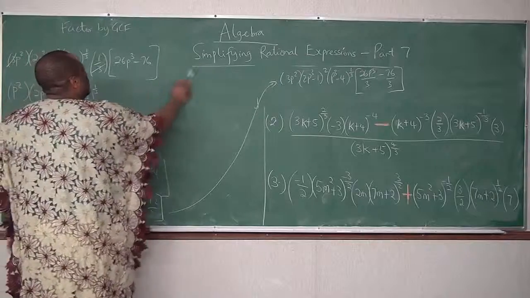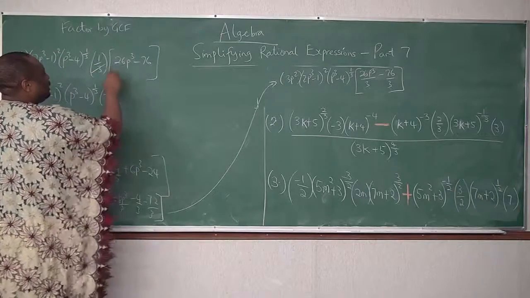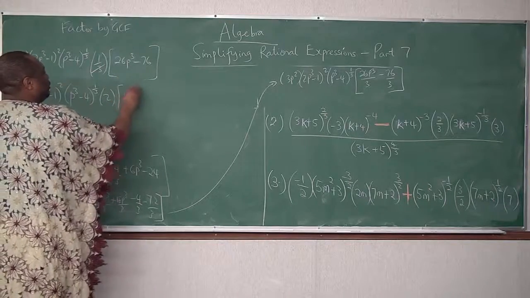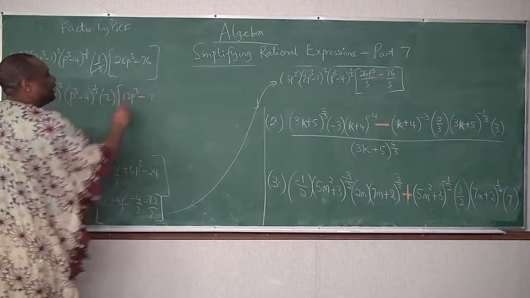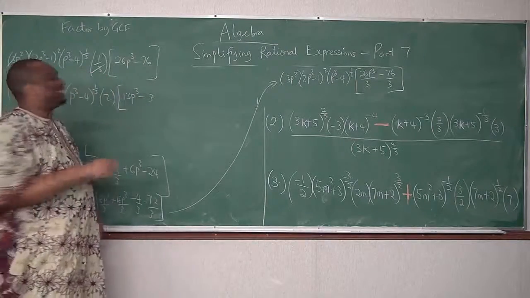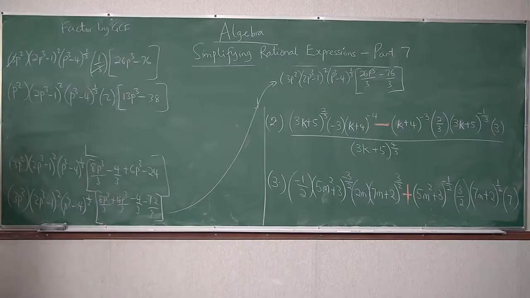So we just have to use 2. 2 will come out. And what is remaining, if 2 comes out, we have 13p cubed minus 38. See that?